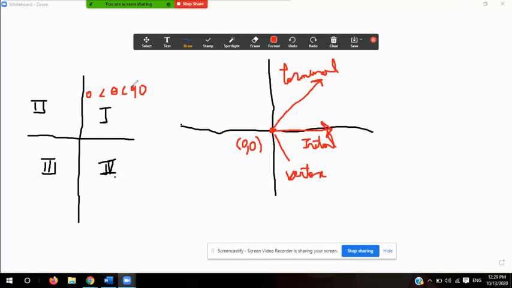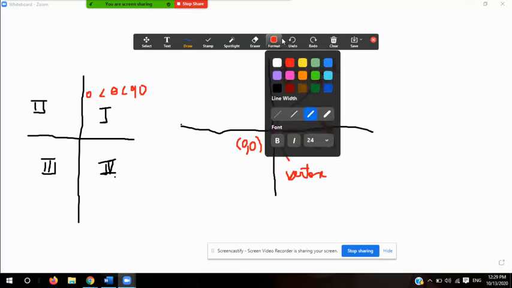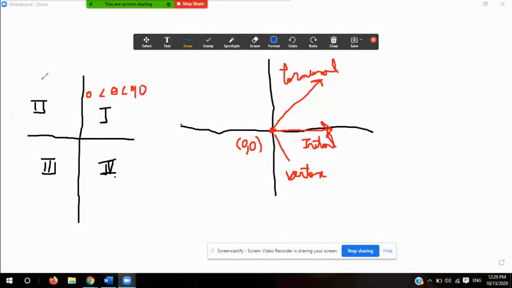When you go to quadrant 2, you're going to find angles where theta is greater than 90 but less than 180.